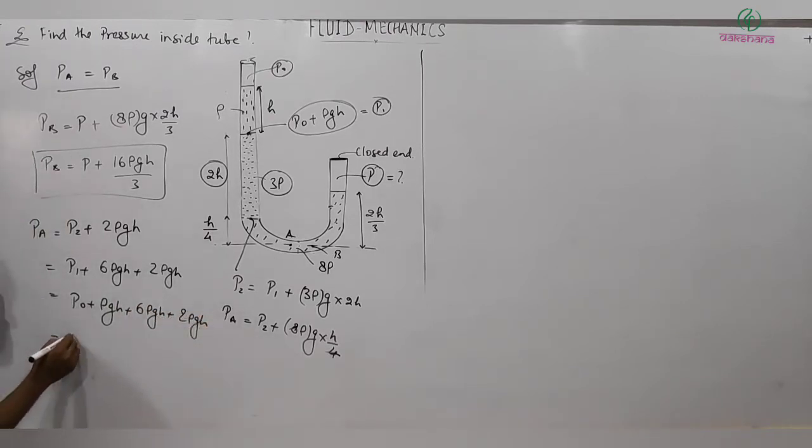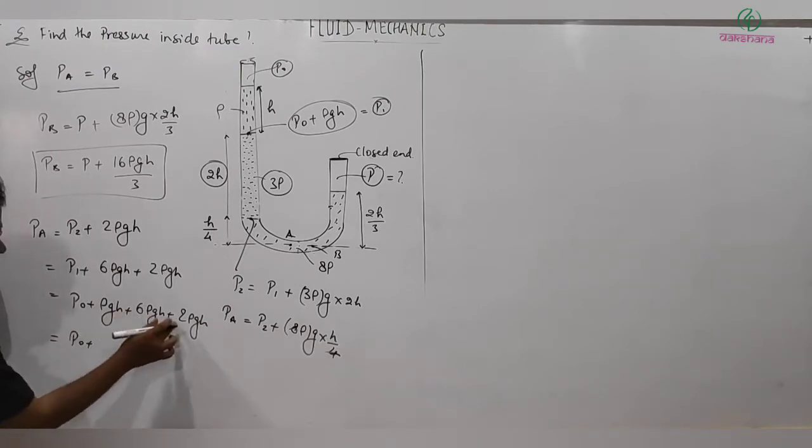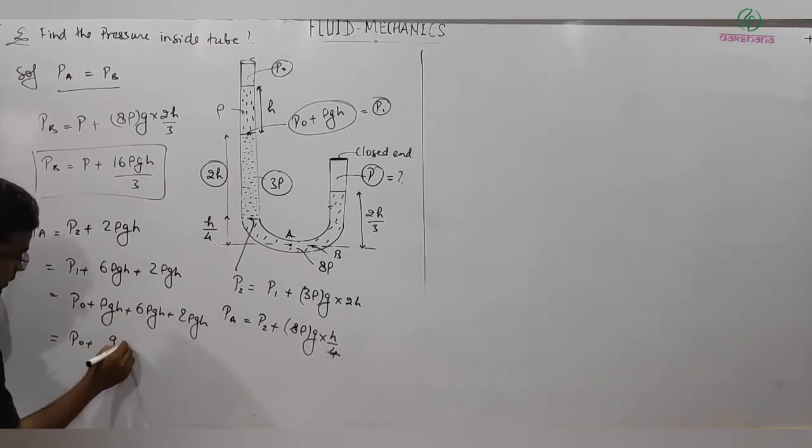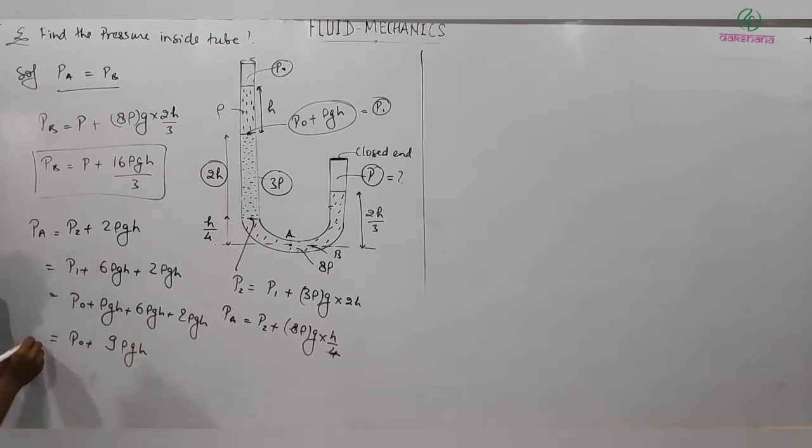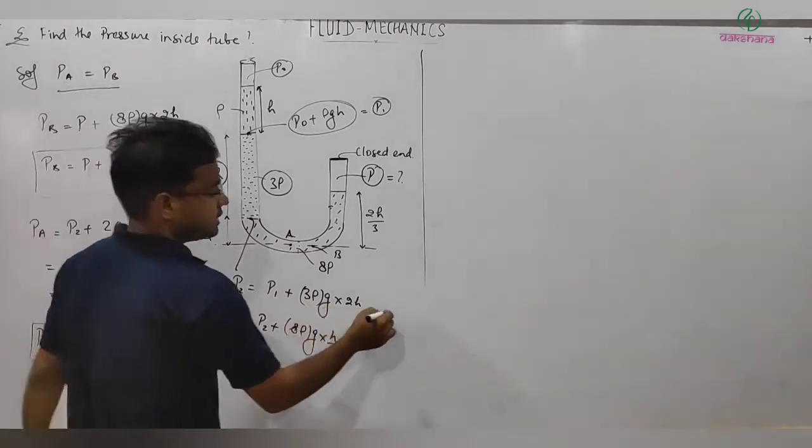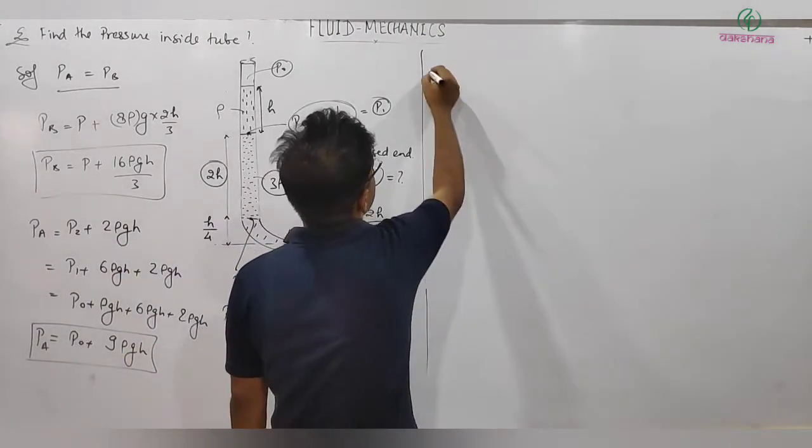So simplifying it, we are getting P0 plus 6 plus 2, 8, plus this 1, 9 rho G h. This is PA.